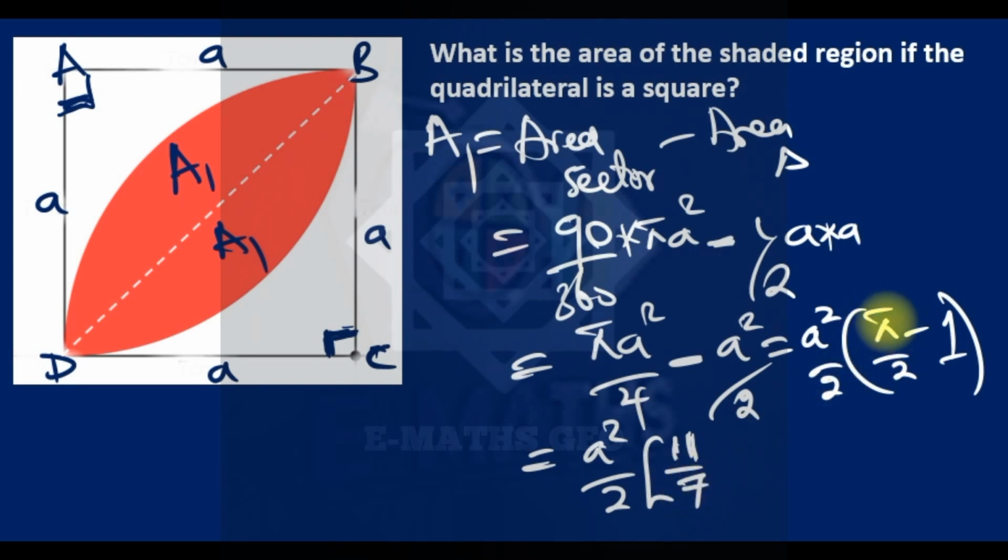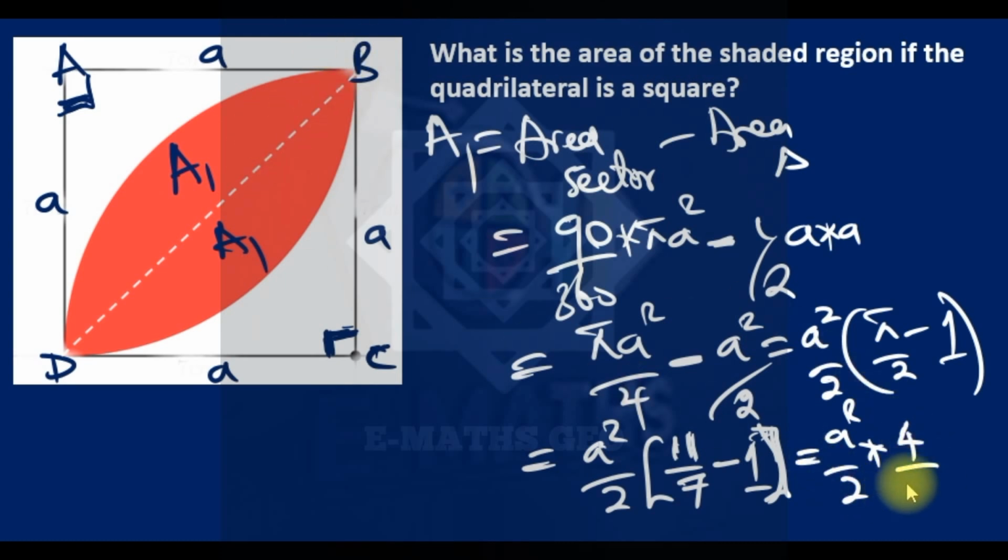Pi is 22 over 7, so 22 over 7 over 2, and 2 and 22 gives 11 over 7, minus 1. This is equal to a squared over 2 times 4 over 7, since 11 over 7 minus 1 is 4 over 7.